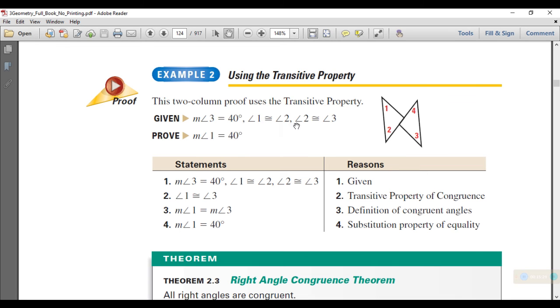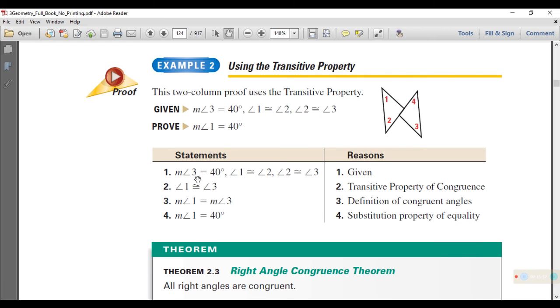Transitive, nagsishare sila ng 2. Dapat si 1 ay equal kay 3 para ma-prove natin that the measurement of angle 1 is equal to 40 degrees. So, tingnan natin yung outline of proof dito. Medyo mahaba yung given. Isa, dalawa, tatlo. Tatlo sila. Next, transitive property of congruence. Angle 1 is congruent to angle 3.